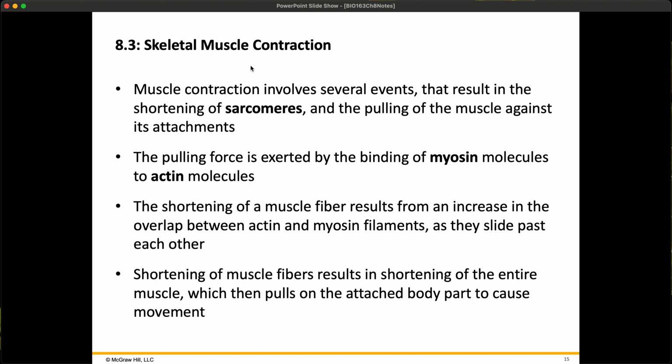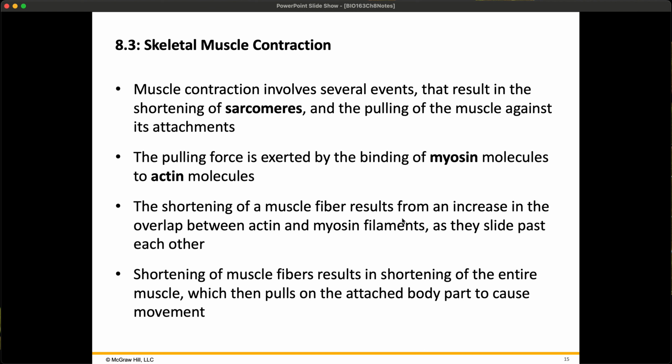So looking at a skeletal muscle contraction, I'm putting it all together now. There are several events that you have to have for a muscle contraction. They all result in the shortening of the sarcomeres. We said that's the contractile unit. As the sarcomeres shorten, they start to pull the muscle against its attachments. That pulling force is because the binding of the myosin and actin molecules, your thick and thin filaments, latch onto each other and they shorten.